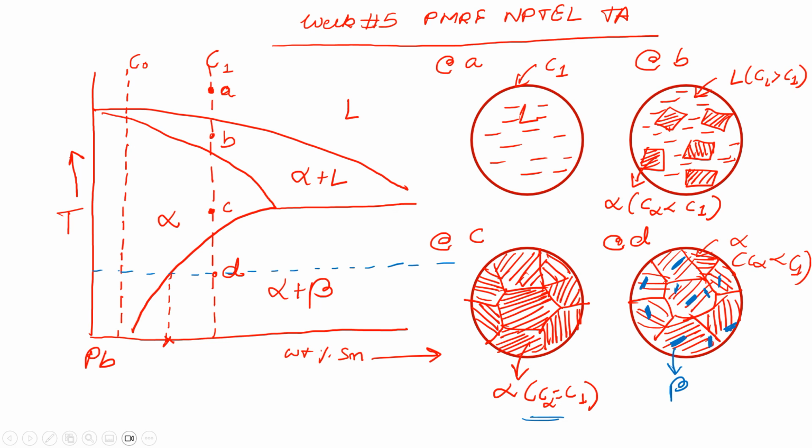Alright. So third case, if you are completely in this region, what will be the case? How will the crystallite look? So quickly drawing the graph again.